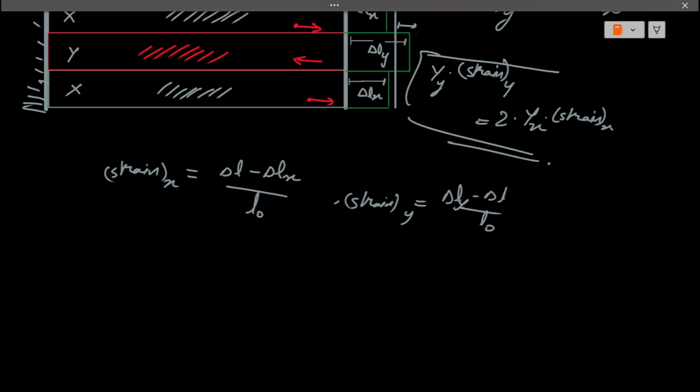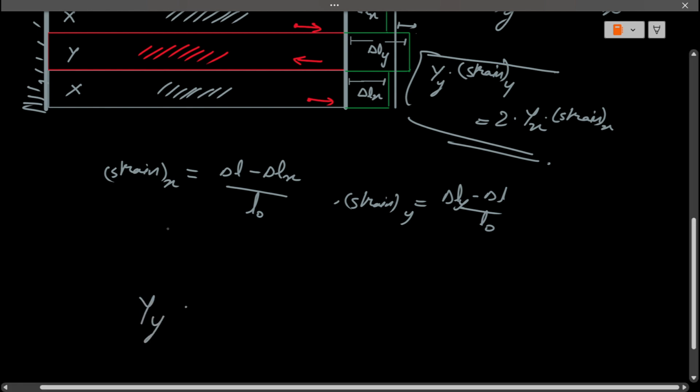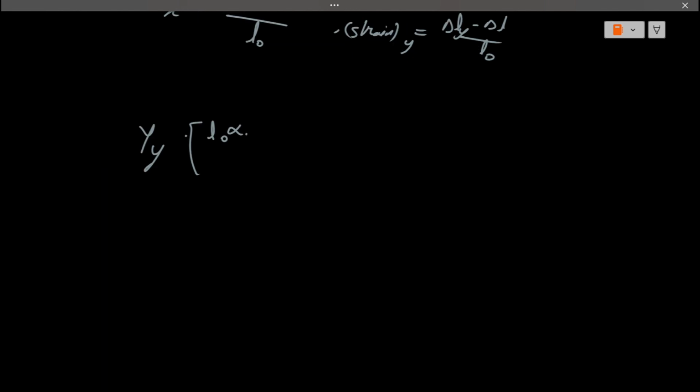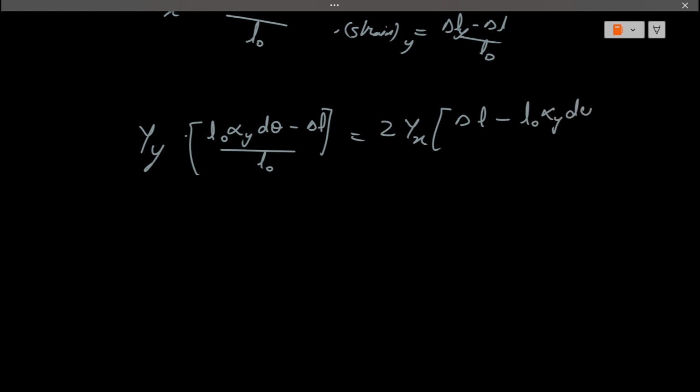Now solving this is the tedious part, so we get Young's modulus of Y times L0 alpha y d theta minus delta L over L0, and that has to be equal to 2 times the Young's modulus of X times delta L minus L0 alpha x d theta over L0.